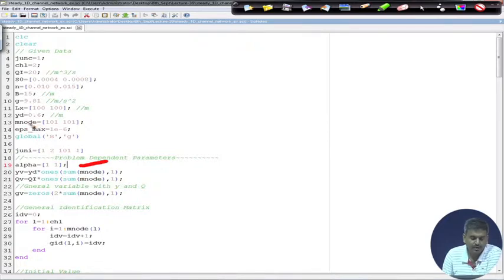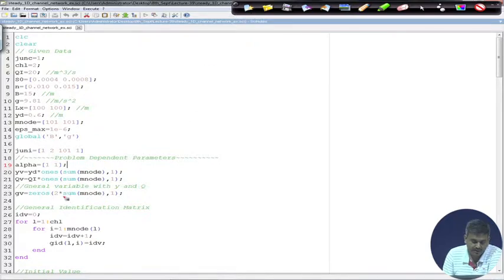Sum m node means 101 plus 101, 202 nodes; this value will be assigned to YV. QV, again I need to assign an initial value, this is QI into 1's for sum n node, that means 101 plus 101, total 202 nodes, I have assigned this QV value.